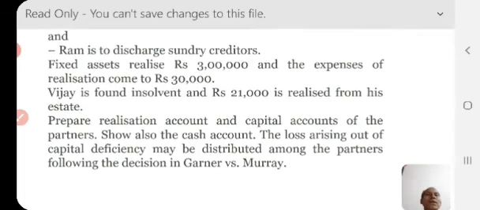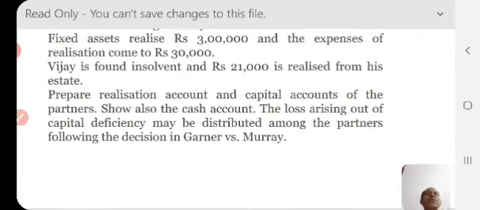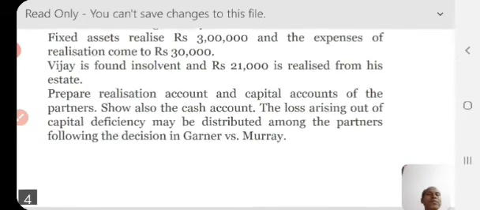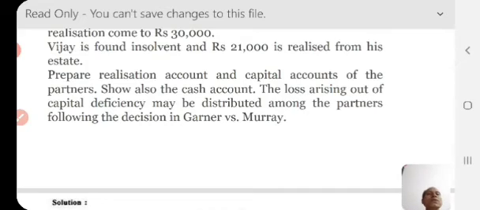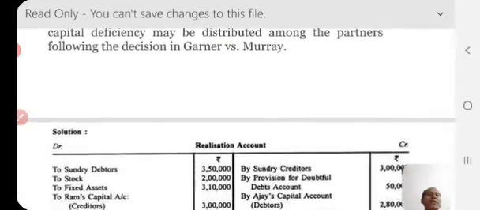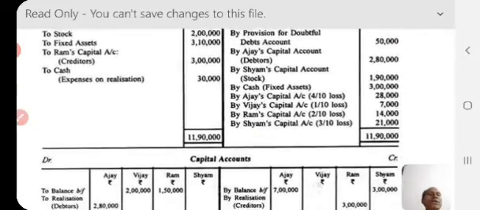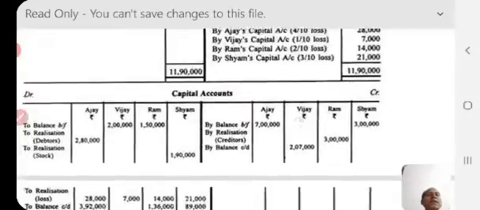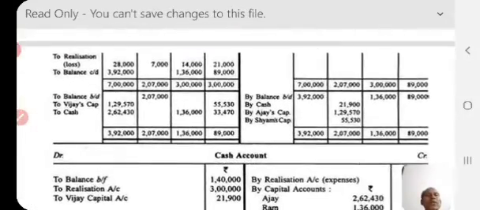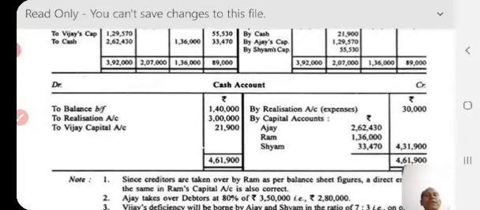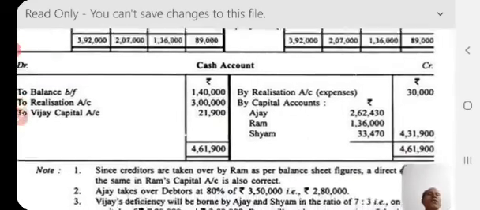Ram is to discharge the creditors. Fixed assets are realized at 3 lakhs. Expenses are 30,000. And 21,000 is realized from the estate of Vijay. So these are the realization, and losses are incurred. It is distributed. These are the profit and capital accounts, and this is the cash account.